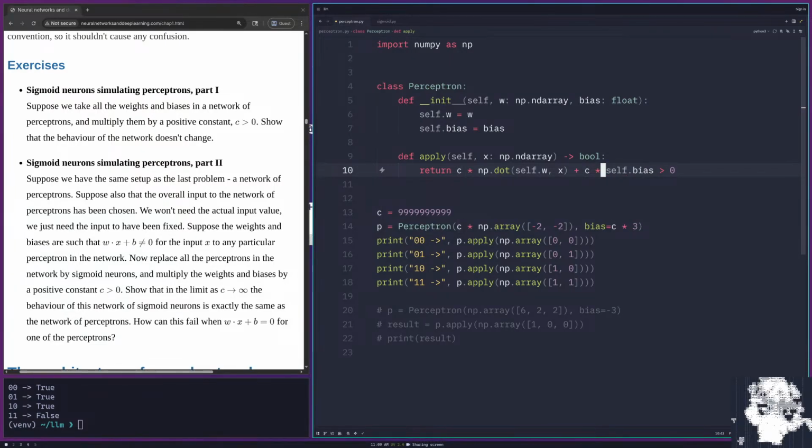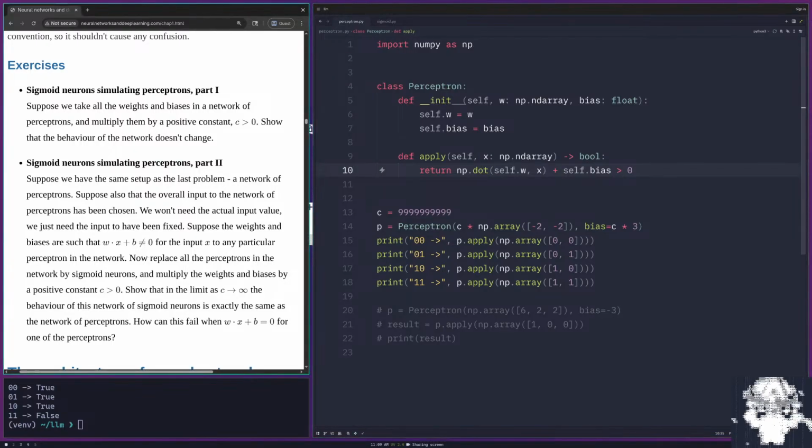Because c is the same on the biases and the weights, it cancels out basically, as long as it's positive. I'm not sure why it being positive matters, but we did show that the behavior doesn't change.